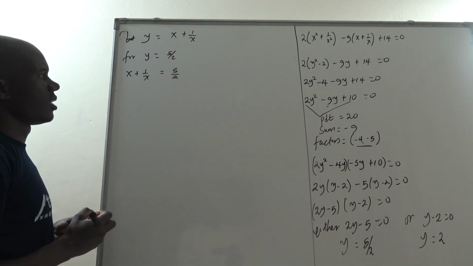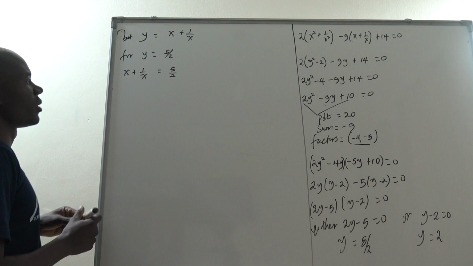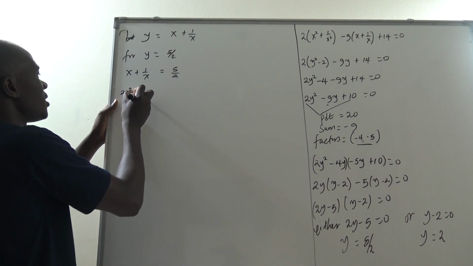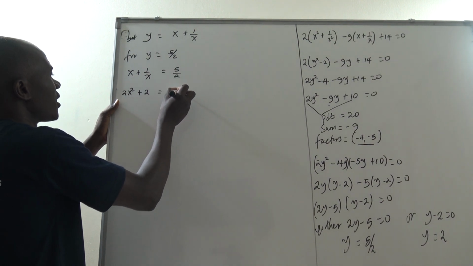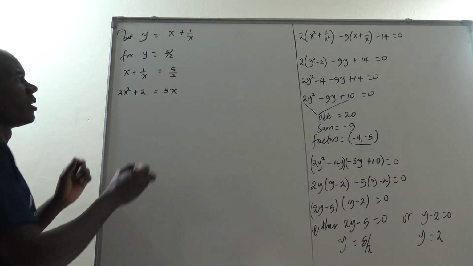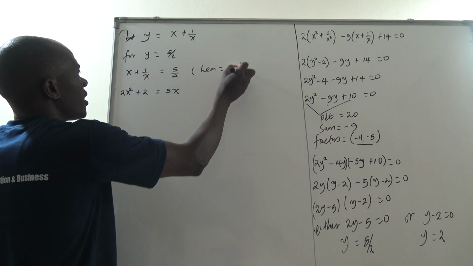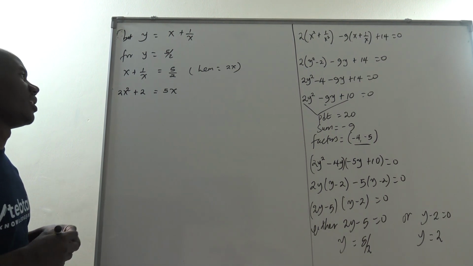What is the LCM? The LCM is 2x. Multiplying by 2x, we get 2x squared plus 2 equals 5x. So after multiplying by the LCM, which is 2x, we multiply by 2x on every side.